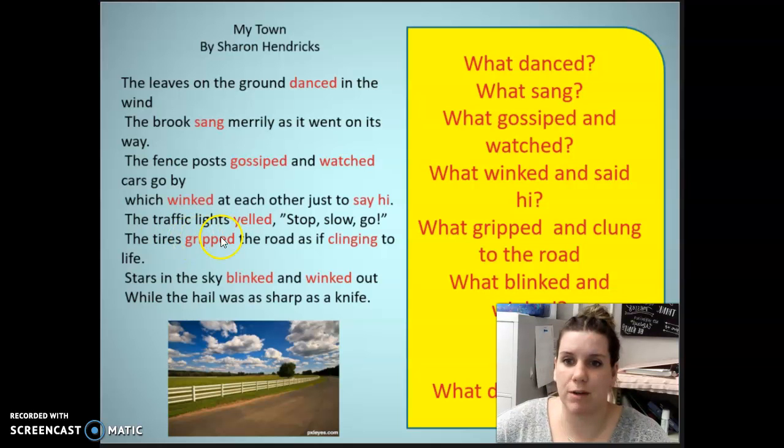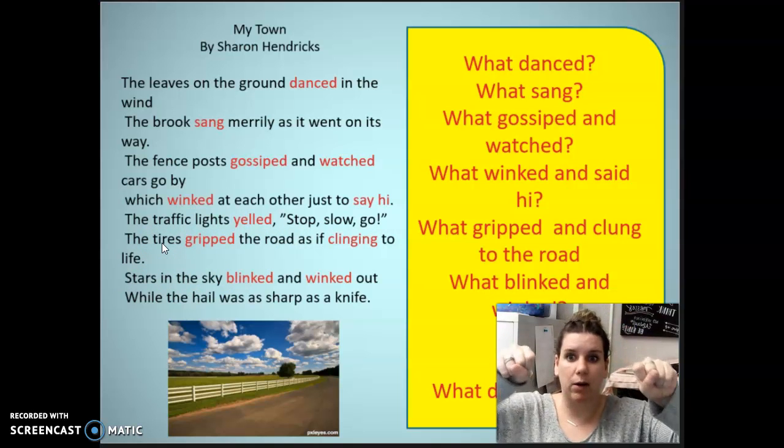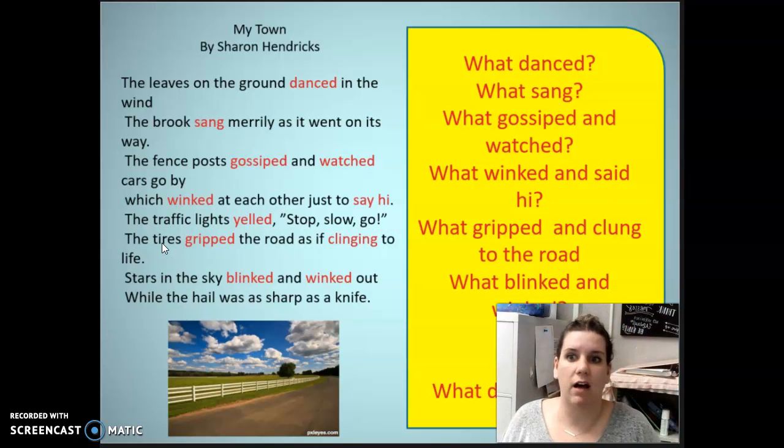Now, the tires gripped the road as if clinging to life. Obviously, tires can't really grip or cling on, but I can tell that it probably means they stopped really abruptly and came to a halt. And then the last one, stars in the sky blinked and winked out while the hail was sharp as a knife.